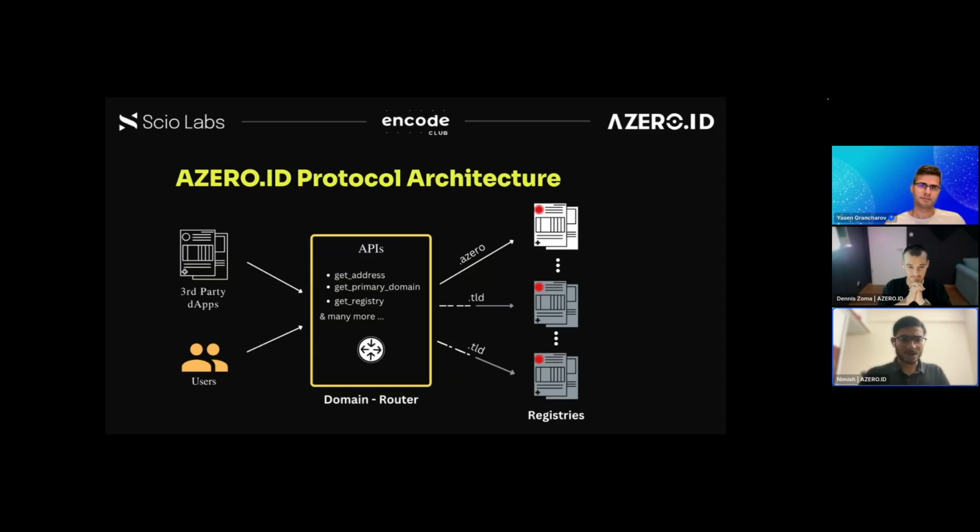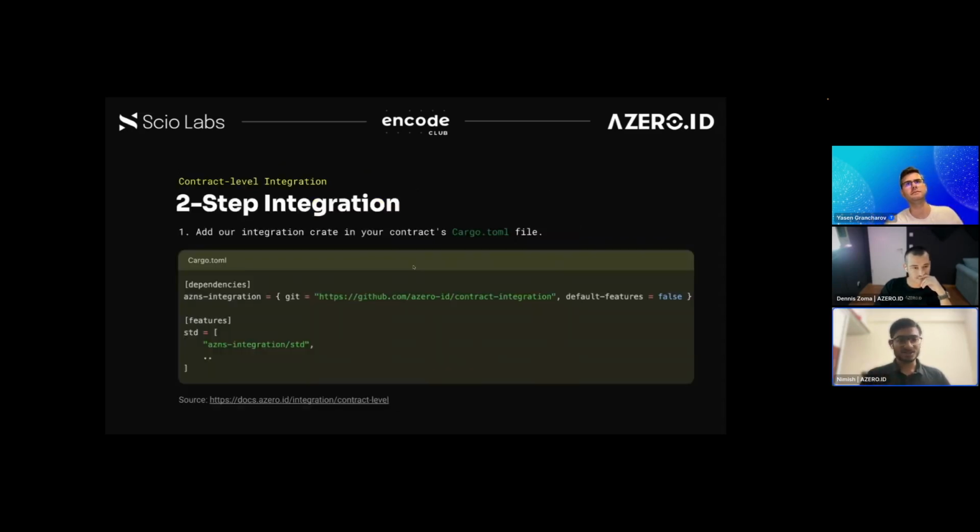We have a couple of APIs that the users as well as the dApps can use, like get address, get primary domain, get registry, as we saw in the front-end integration example. Then the router handles the TLD: if it is a .A0, it will pass to the registry of the A0 contract, and similarly for some other TLD. Right now we have support for two TLDs. The A0 is for the mainnet on LF0, and for the LF0 testnet we have the T0, as Dennis said earlier. Moving on, Dennis, can you please show the slide?